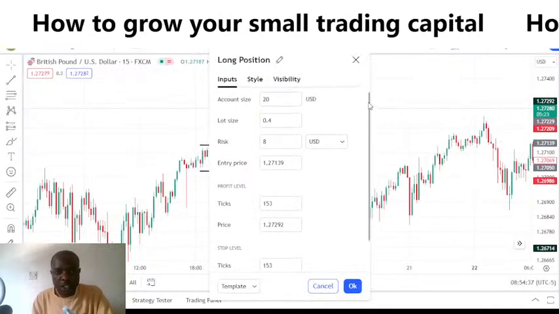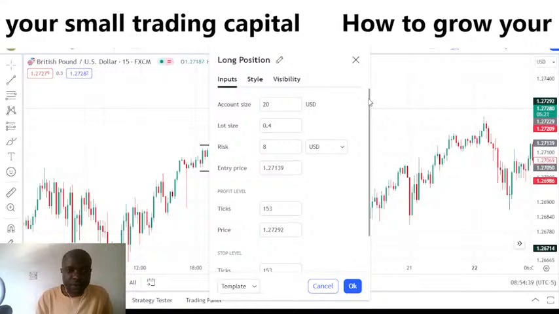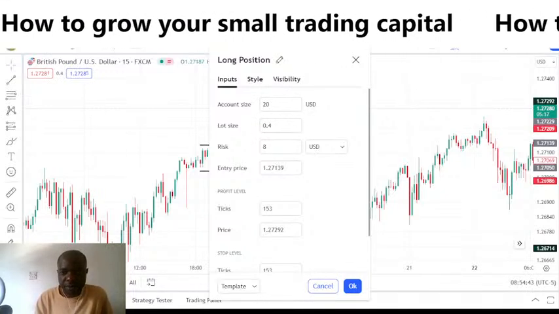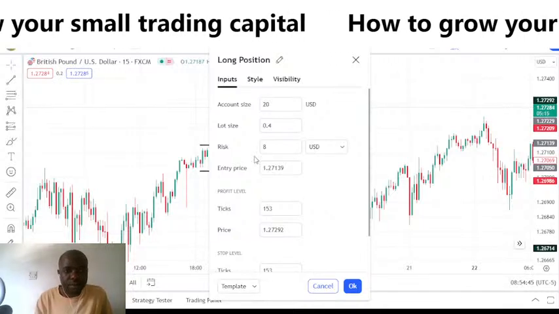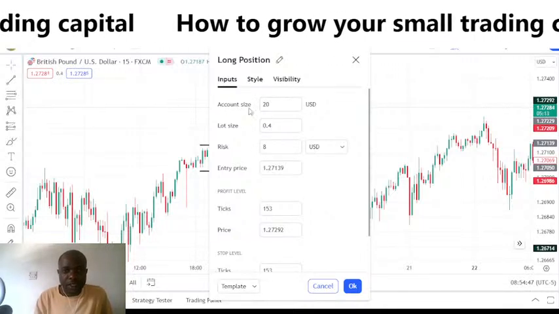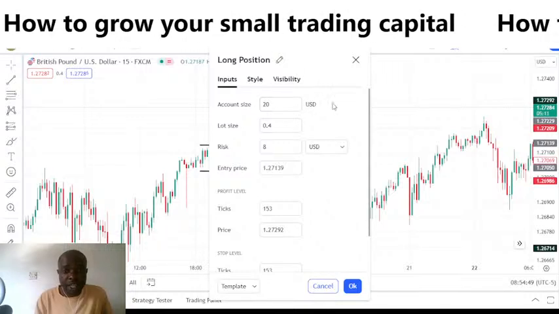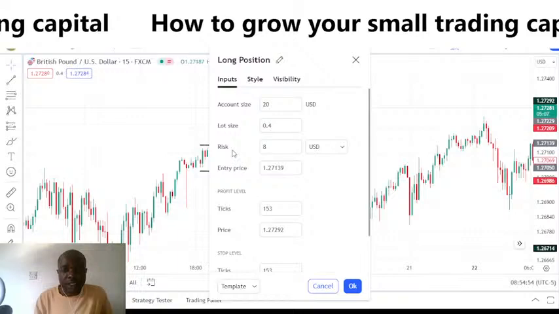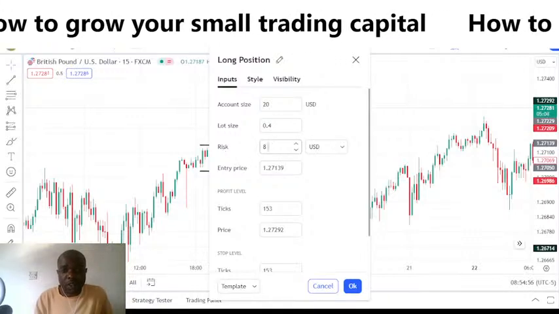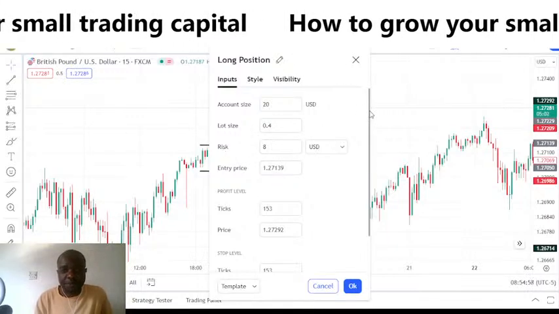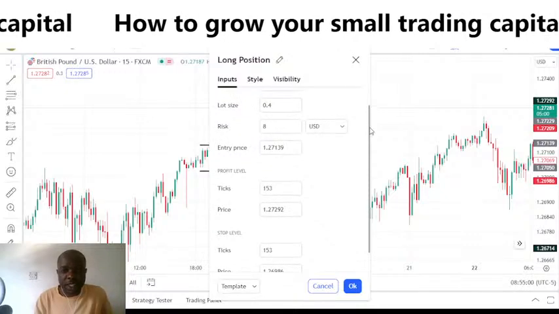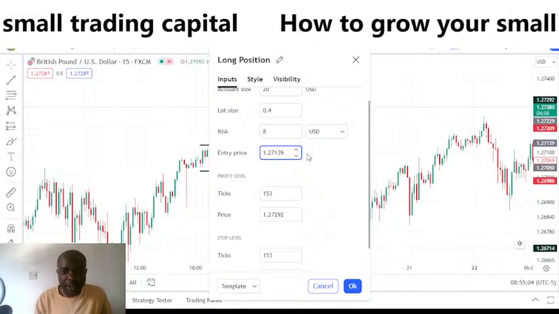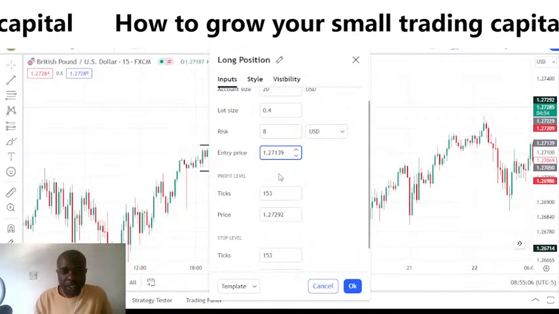Since we are using 20 pips, as you can see from the screen, and since we are using $20, our lot size is 0.4 lot size, and the risk, we want to risk $8. So that's the entry point.